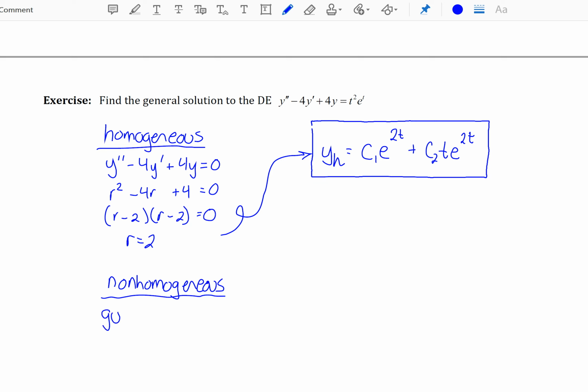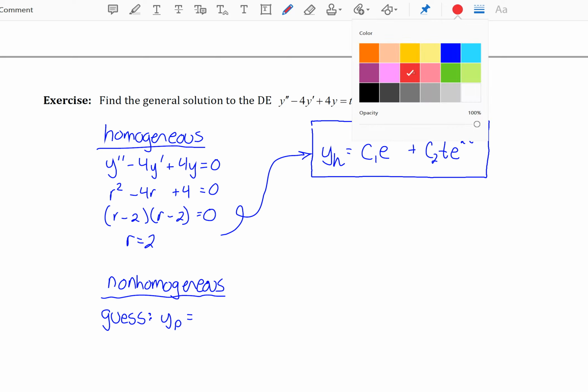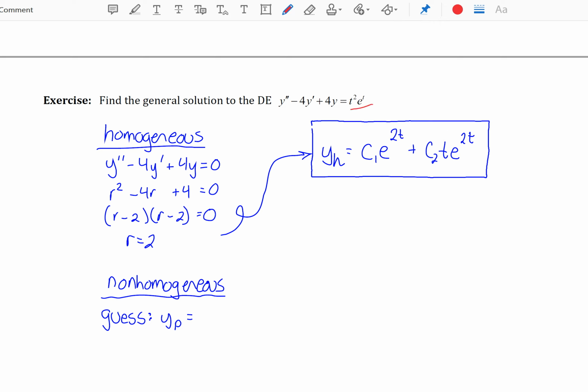And let's choose our appropriate guess for the form of yp. Now again, when you're looking at this guess for yp, you have to look at the form of your forcing function. And here you want to note it's the product of a second degree polynomial and an exponential term, or an exponential factor.